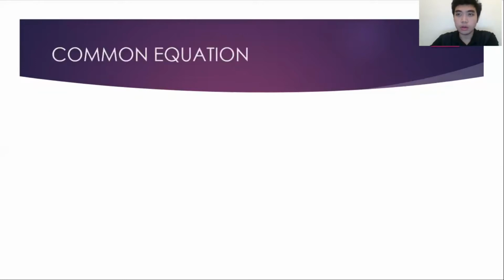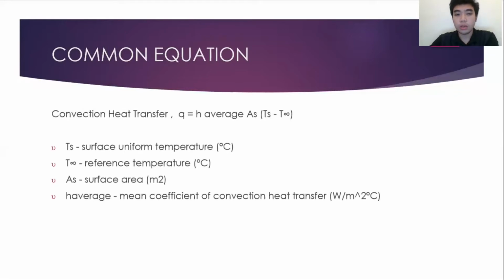The common equation used for convection is Q = h average times the surface area S times the surface uniform temperature minus the reference temperature.